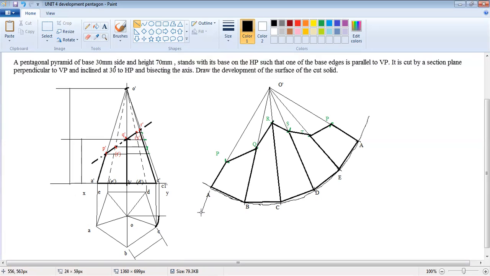And also we have to mark the dimension in the development also for the side which is taken 30 mm. We have the axis height 70 mm. And this is the bisecting of its midpoint of the pentagonal pyramid.